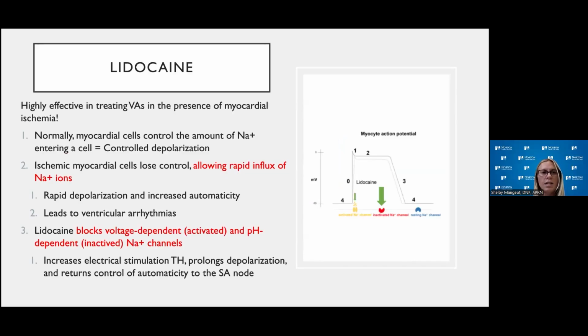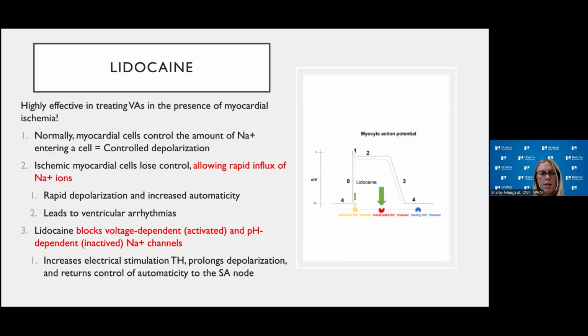So the nice thing about lidocaine is it is highly effective in treating ventricular arrhythmias in the presence of myocardial ischemia. The reason why is because normally myocardial cells control the amount of sodium entering a cell. This is called controlled depolarization. With ischemic myocardial cells, they lose that control.